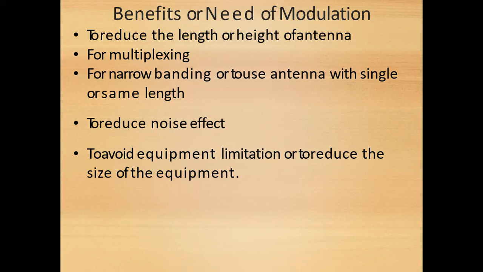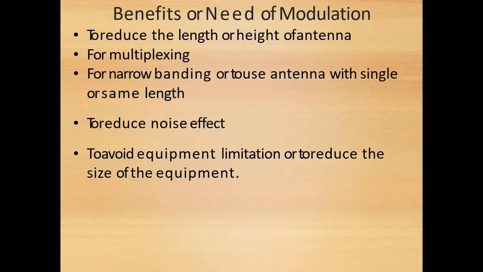In our modulation, we take a high frequency signal to convert the input low frequency into high frequency. As the frequency increases, since height and frequency are inversely proportional, the height will be reduced. So this is one of the major advantages and needs for modulation.